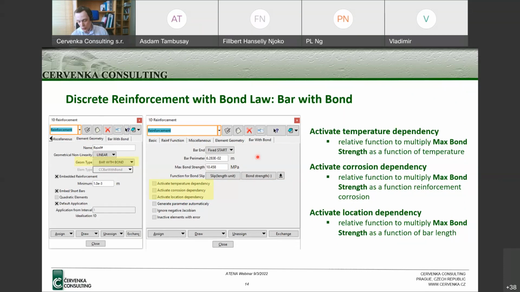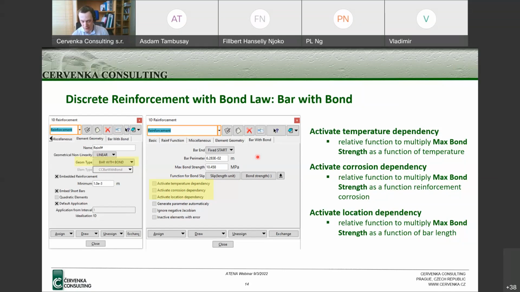For example, if you have for your static analysis some temperature distribution in your structure as an input, which can be used for evaluating structures under fire conditions, you can use a temperature dependency for the bond slip function. It will also be a relative function which multiplies the maximum bond strength.